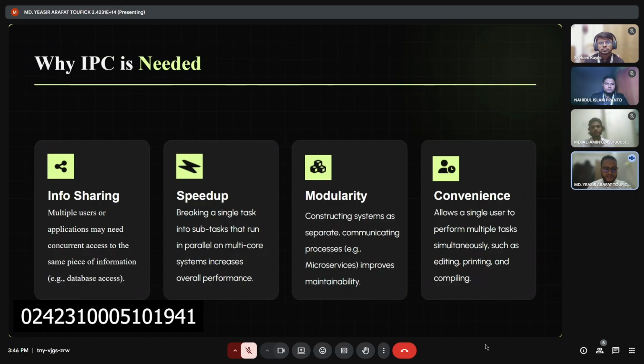For us as users, it allows multitasking. We can copy data from a spreadsheet and paste it into a document. That requires the two programs to communicate. In this way, we execute the program in little parts and make one big program.